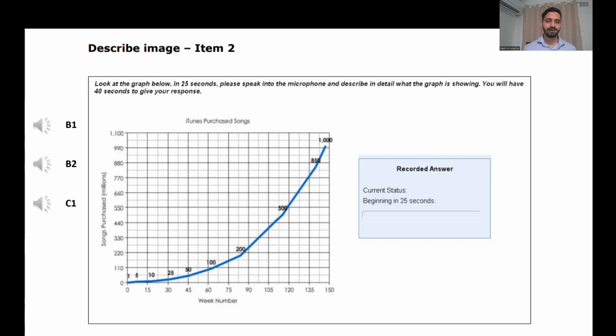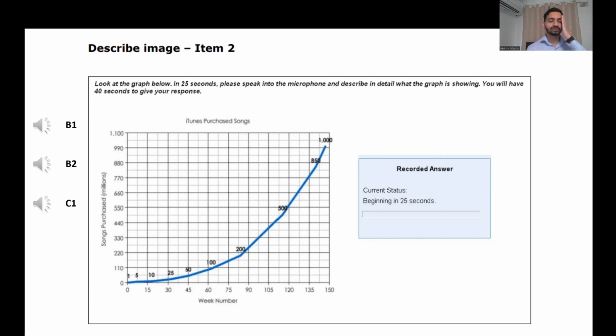In the first week, the song purchase was 1 million, and it grew rapidly to 1,000 million songs to approximately 150.